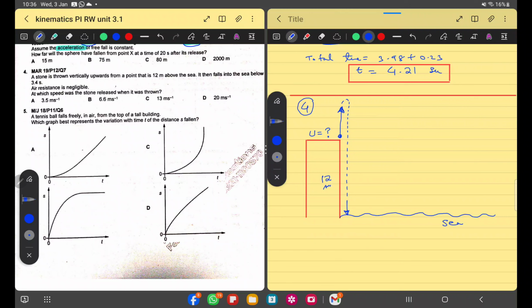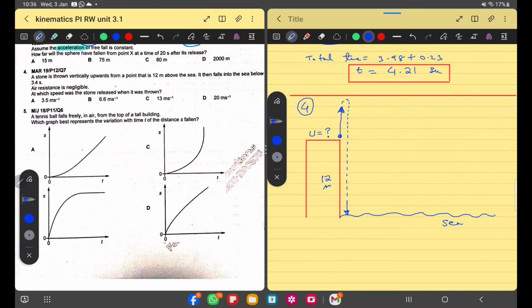This question can be solved in two ways. The method number one, sir, if we solve first only upward motion, then we solve downward motion, then the method will be so lengthy and it is an objective test. So we cannot attempt such a long method. So I am teaching you a different method in which I am dealing with upward motion as well as downward motion simultaneously.